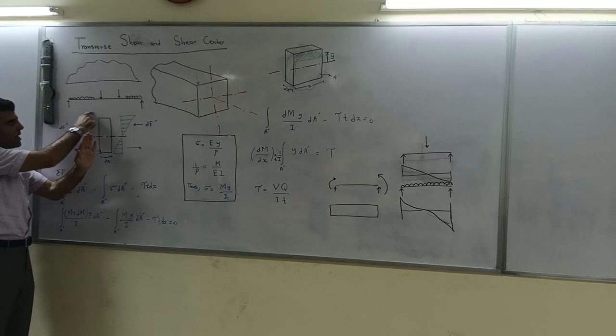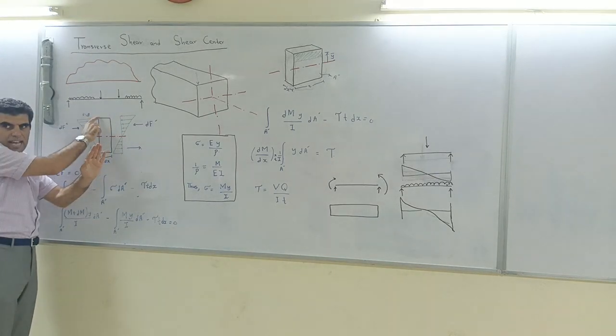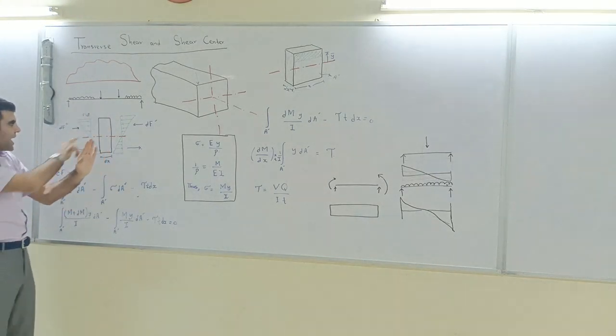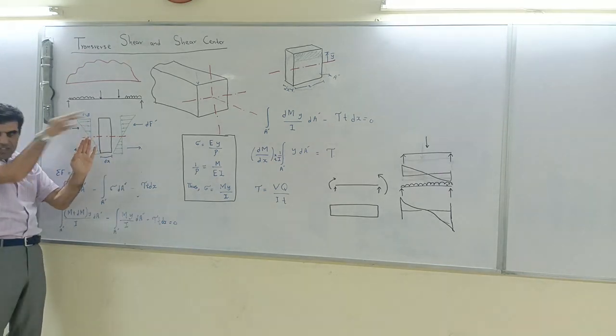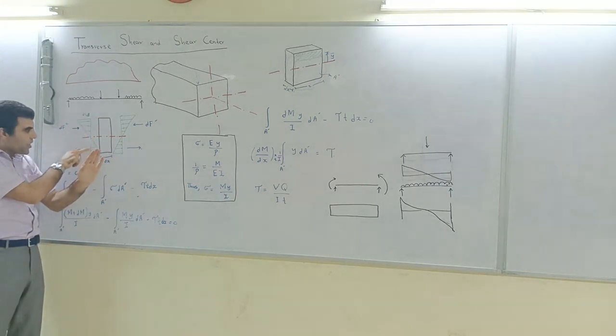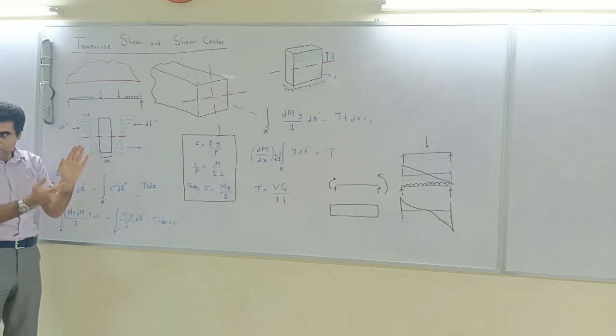Obviously, it is going to hang down like this, so it will have tension at the bottom and compression at the top. So there is a compressive stress applied above the neutral axis, and a tension stress applied below the neutral axis.